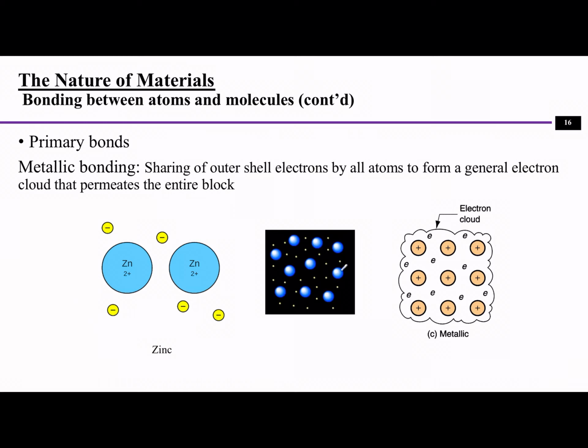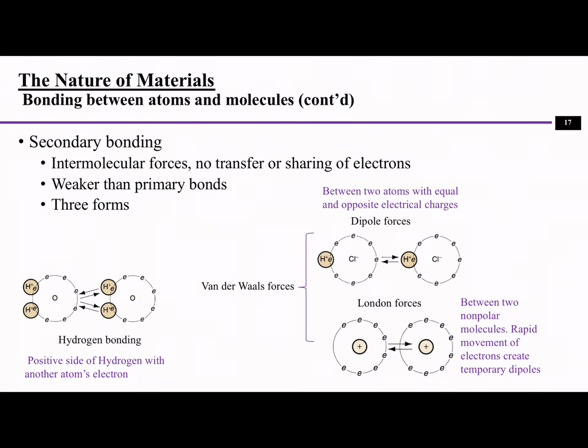Unlike covalent bonding and ionic bonding, metallic bonding forms a cloud of electrons. So all of them are sharing electrons, right? It forms the electron cloud. In a lot of pure metals, metallic bonding is very, very common. So this is how metallic bonding works.